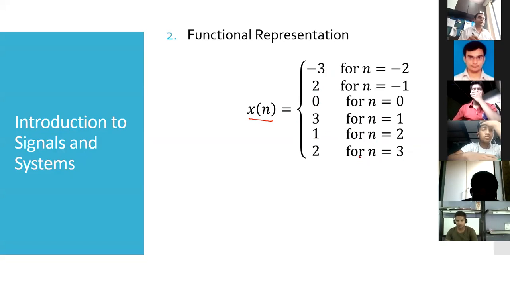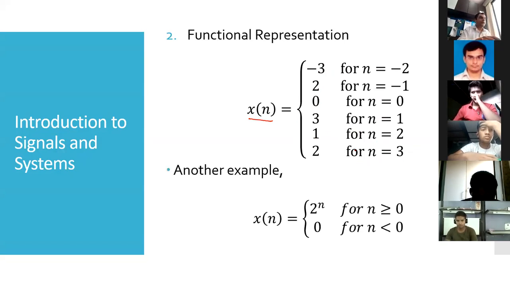This is called functional representation. Fine. Another example is that x of n is equal to 2 raised to n. This is an exact mathematical function.